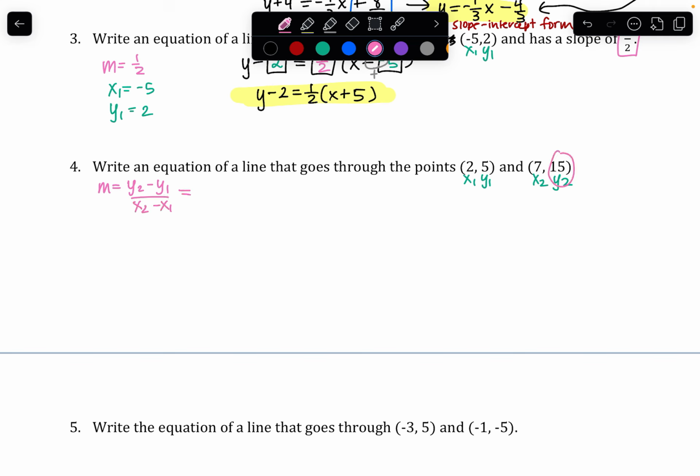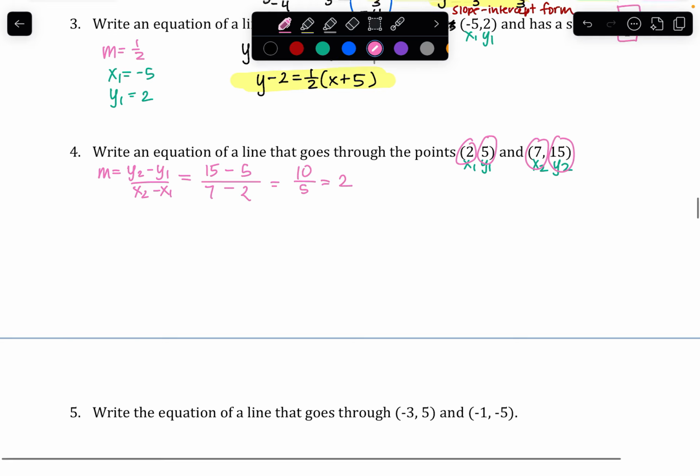And so first of all, let's set up our fraction bar with the minus signs. That's how the formula works. And then y2 is 15, y1 is 5. x2 is 7, x1 is 2. And so we get 10 over 5, which we know simplifies to 2.